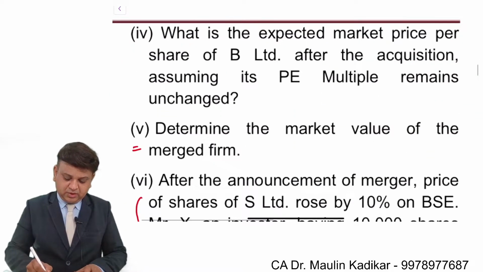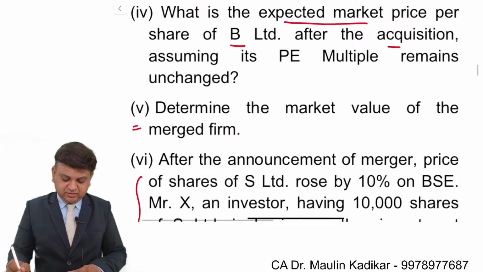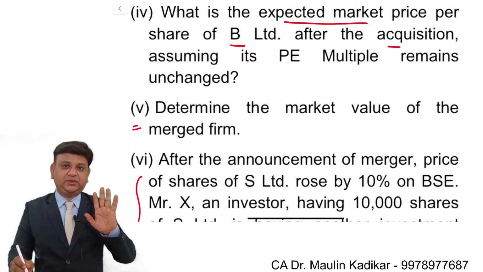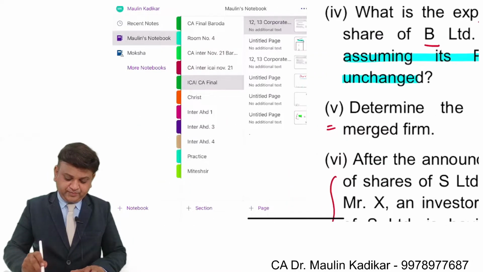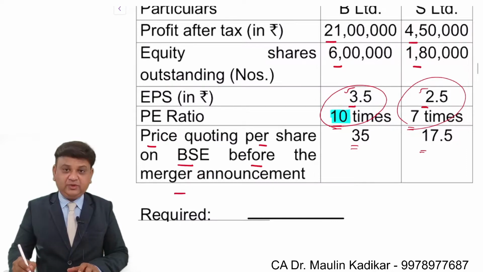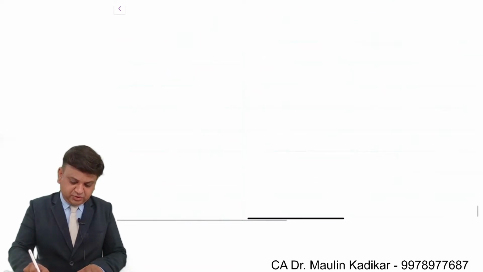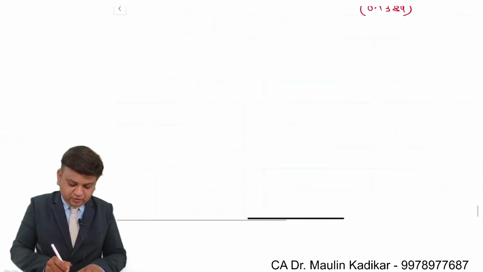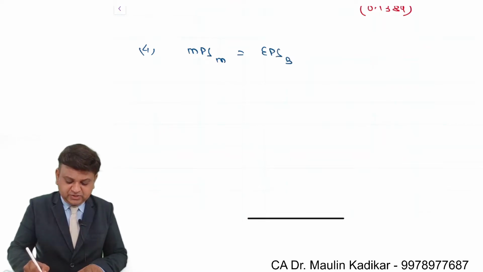Fourth question. What is the expected market price per share of B Ltd after acquisition? A very good clarification is made in the question: assuming its price earning multiple remains unchanged. For B Ltd, the price earning ratio is given to us as 10 times. So taking that price earning ratio, we are required to make the calculation. Answer for the fourth question: MPS of the merged firm is equal to EPS of B Ltd into price earning ratio.